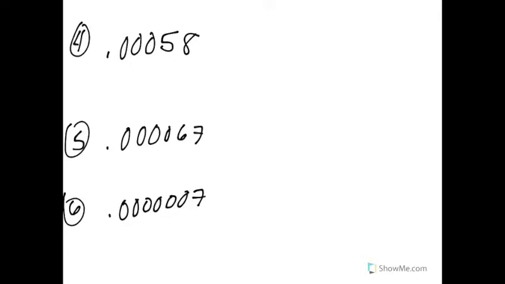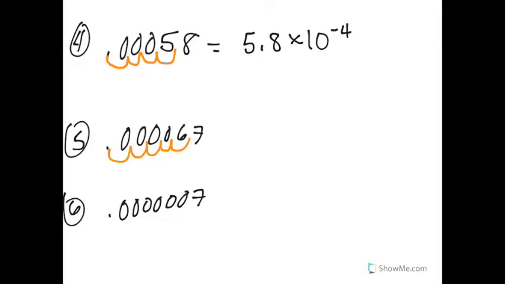So here we have numbers in standard form that we need to convert to scientific notation. So we'll do just like we did before. We'll move the decimal point over 1, 2, 3, 4 places, which means that this is 5.8 times 10 to the negative fourth. If we look down at number 5, we're just going to move the decimal point over 1, 2, 3, 4, 5 places.